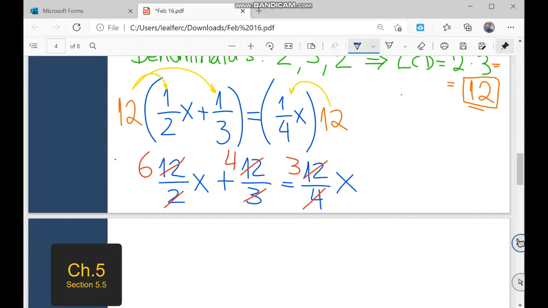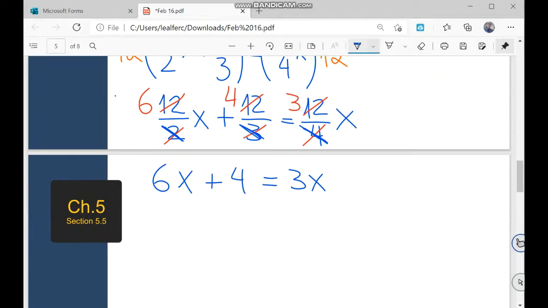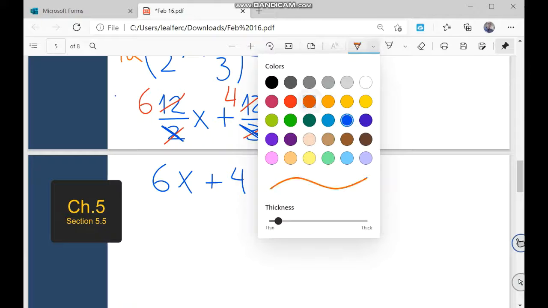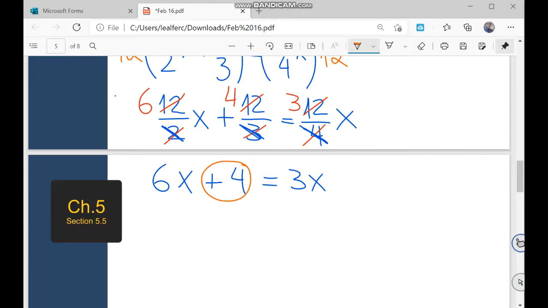Check it out. This is the whole point of multiplying by the least common denominator, is to eliminate the denominator. So we have 6x plus 4 equals 3x. And now we can solve. We can move 4 to the other side.